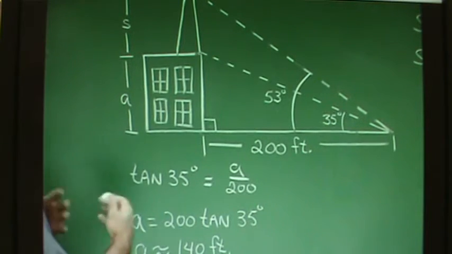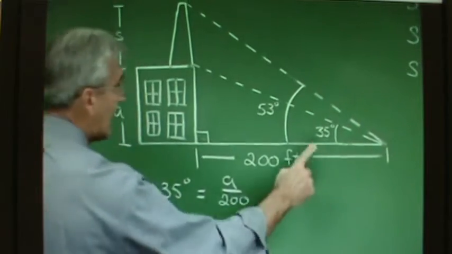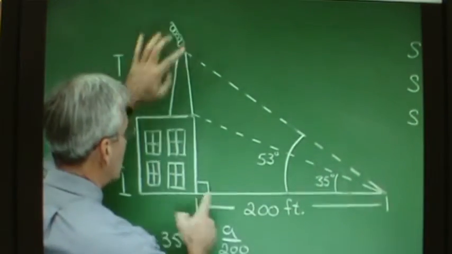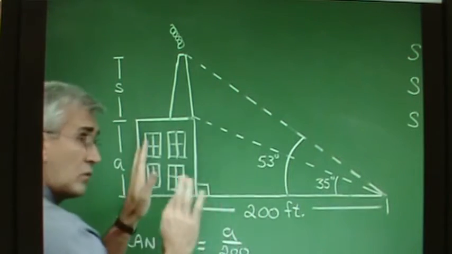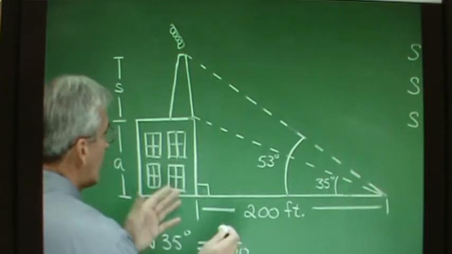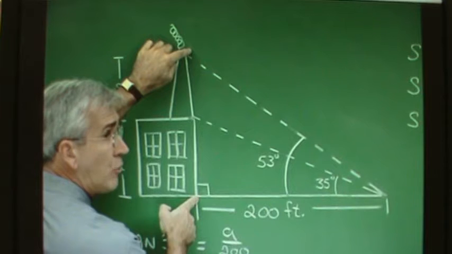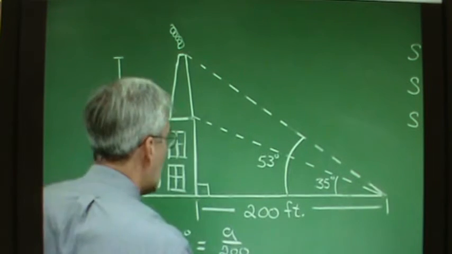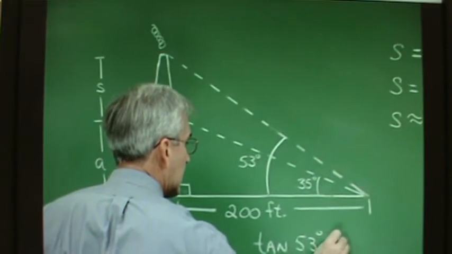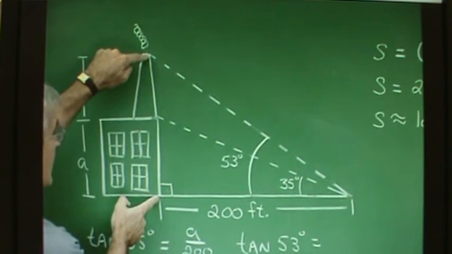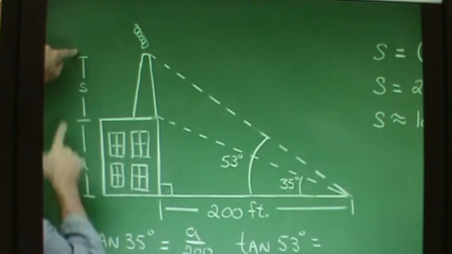All right, now for the building with the smokestack, we reason this way. Once again, it's the opposite side and the adjacent side that we're dealing with, so that's the tangent notion, or cotangent. But I'm using tangent here if for no other reason than the idea that I'm going to have the unknown quantity in the numerator of my fraction. So I've got tangent of 53 degrees is, now this total distance on the opposite side is really A plus S. It's the sum of these two.